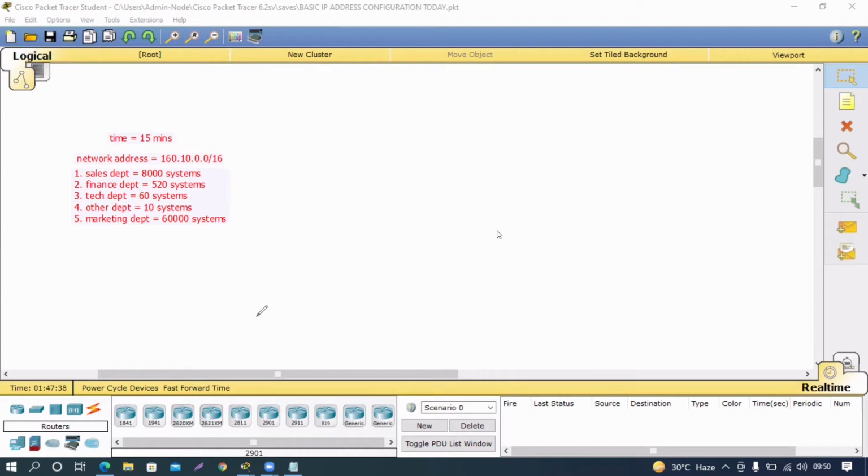First of all, tell me which slash you are taking. 2 to the 13 is how much? 8192. Minus 2 is 8190. So for 8190, we have this many systems.